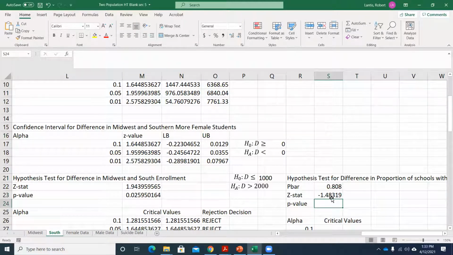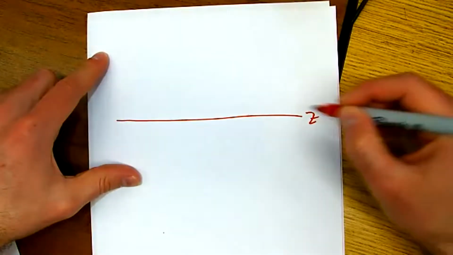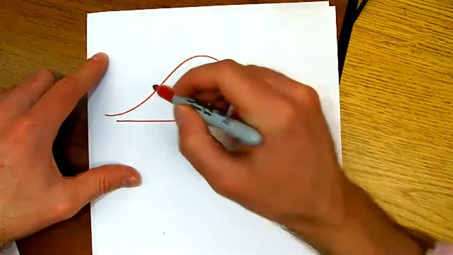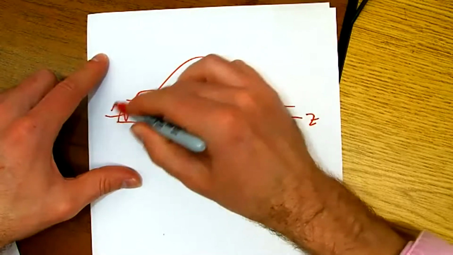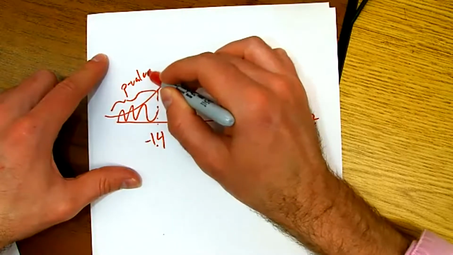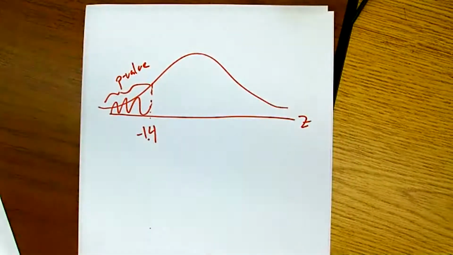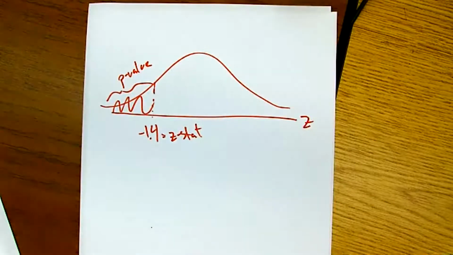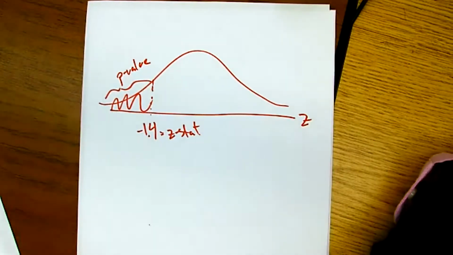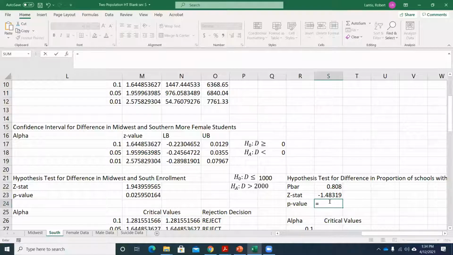But once I have that test statistic, how do I find that p-value? Well, I'm using the standard normal distribution. The test statistic I found was approximately negative 1.48. So the p-value would be the area to the left. Remember, this was my test statistic. In Excel, I can use the NORM.S.DIST function.